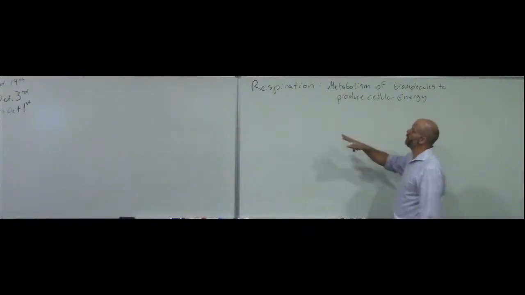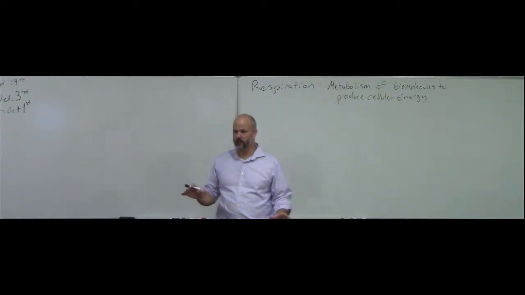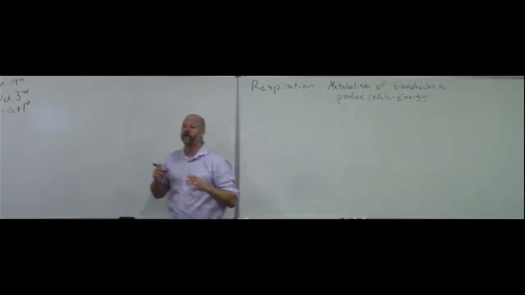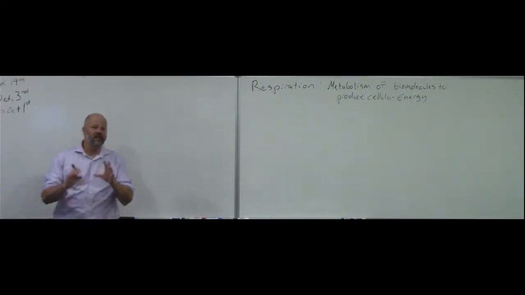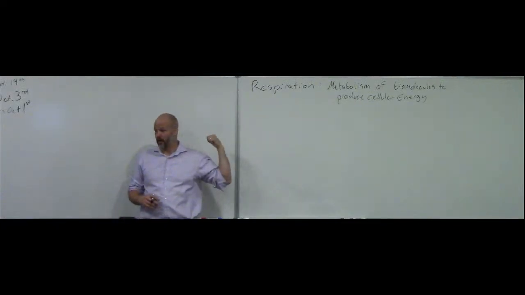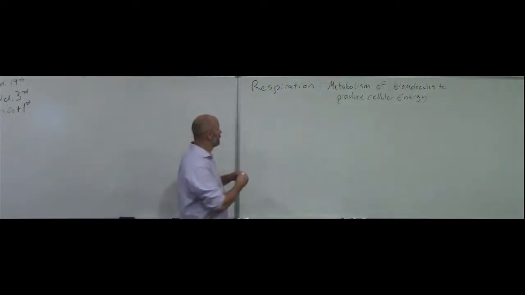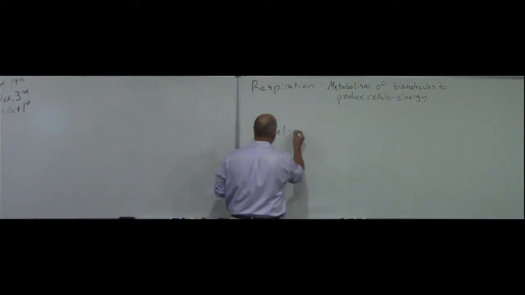But when I talk about respiration, I don't just mean glucose. Respiration is just this process. We are going to focus on glucose, but any of these other biomolecules can be converted and used in the processes we're going to talk about.